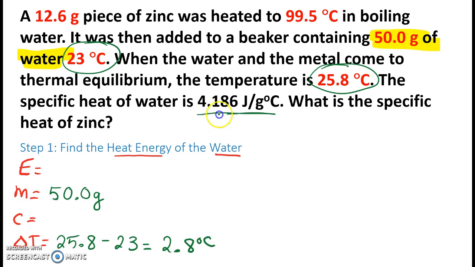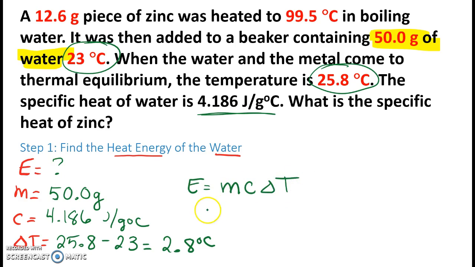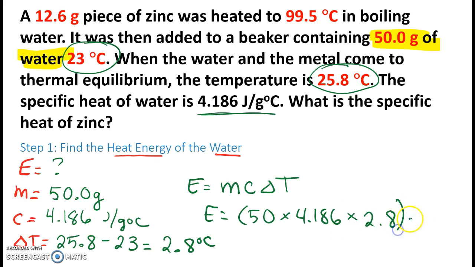Our specific heat value for water is 4.186 joules divided by grams times degrees Celsius, and then heat energy is unknown. Use the equation E is equal to mc times delta T. So 50 times 4.186 times 2.8, and that gives you an energy value of 3,511 joules. So there's step number 1.